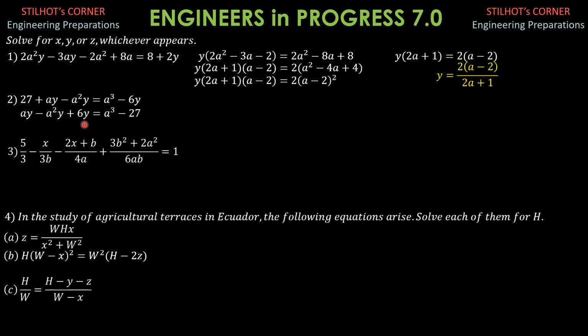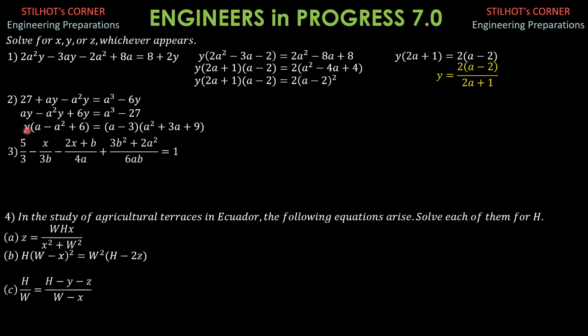We then factor out y and negative y and rewrite this into negative y times a squared minus a minus 6, and the right side is a difference of two cubes, a minus 3 quantity a squared plus 3a plus 9. So y times a minus a squared plus 6 equals a minus 3 times a squared plus 3a plus 9. We then rearrange this.